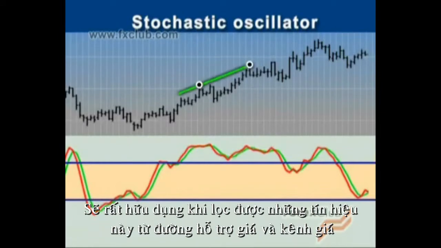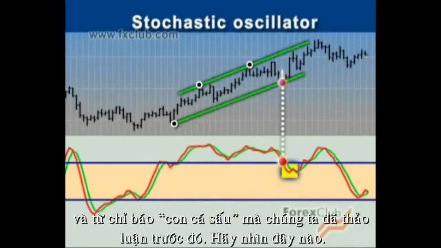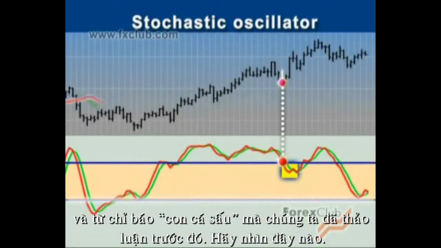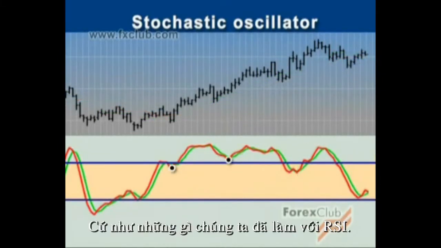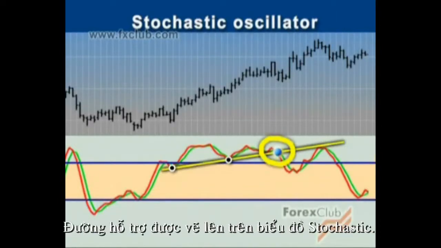Great help with filtering these signals can be had from the price support and channel line and from the alligator, both of which we discussed earlier. Take a look. Just like we did with RSI, a support line is drawn on the stochastic chart.